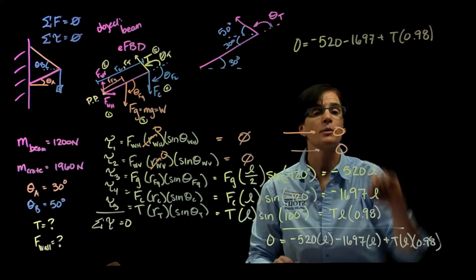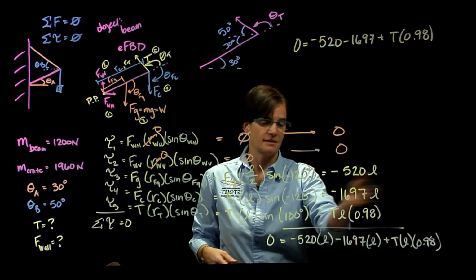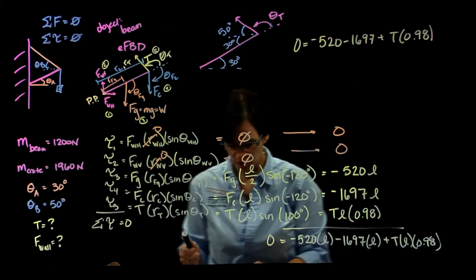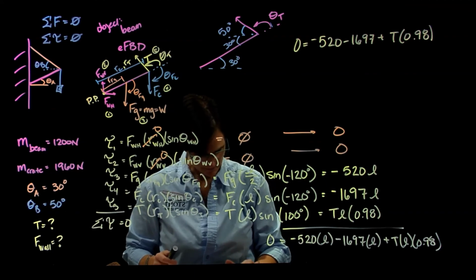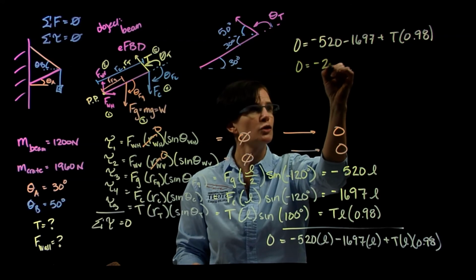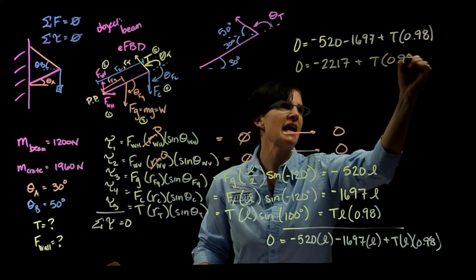So once I divided both sides by L, 0 divided by L is still 0, and the L is eliminated from the right-hand side. So I add these two together, 520 plus 1697. I get 0 equals negative 2217 plus T times 0.98.